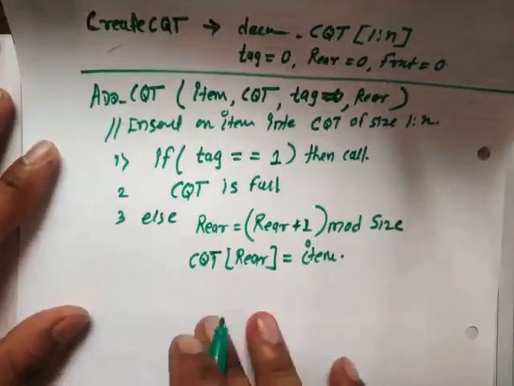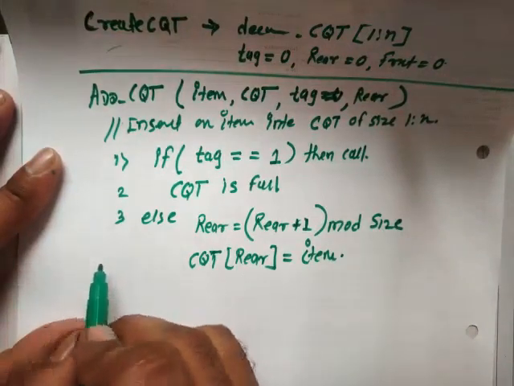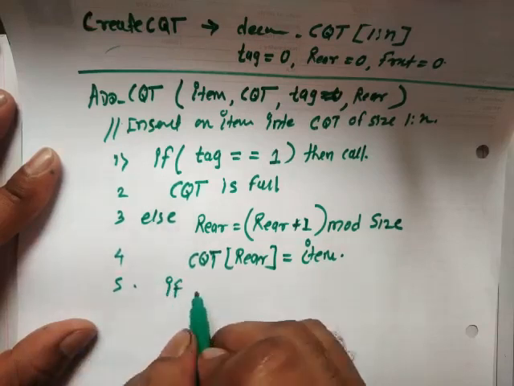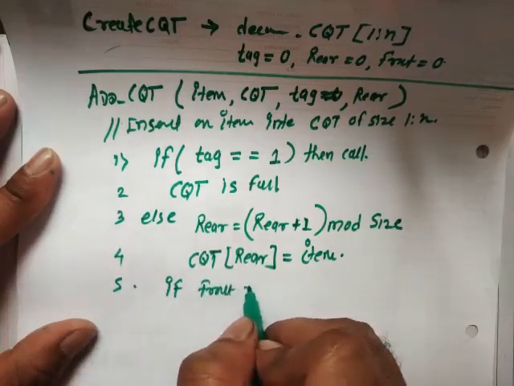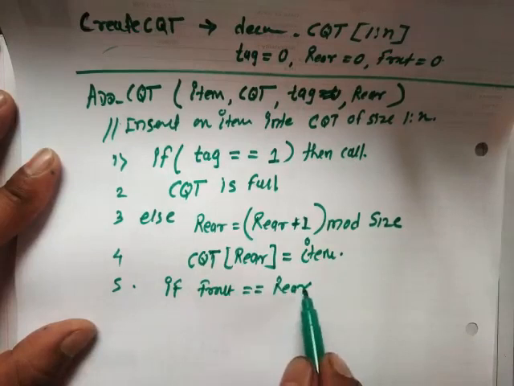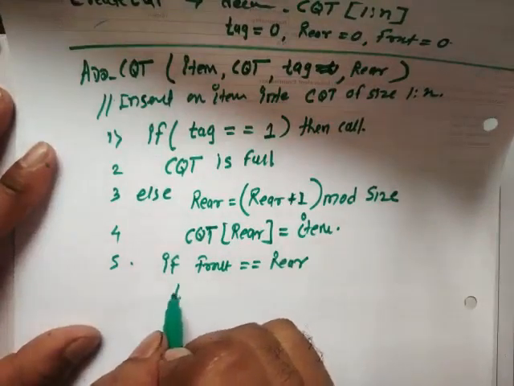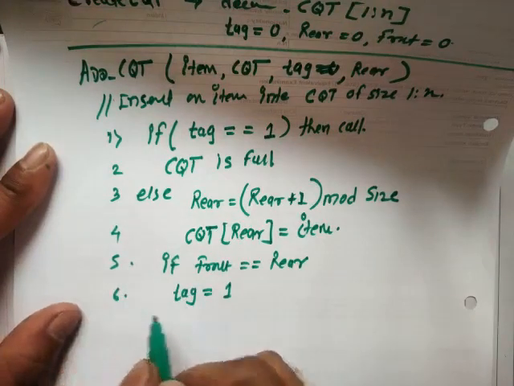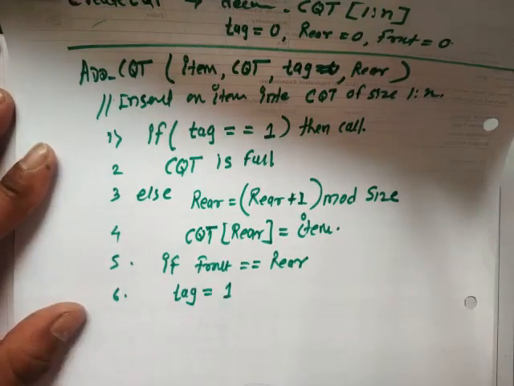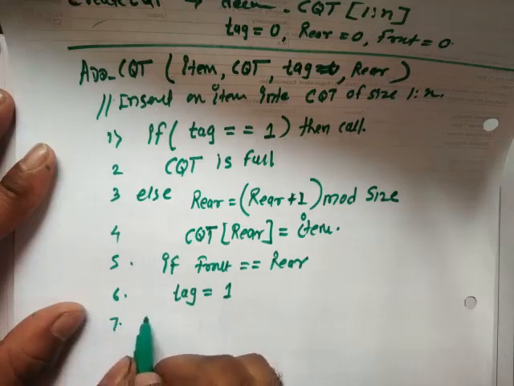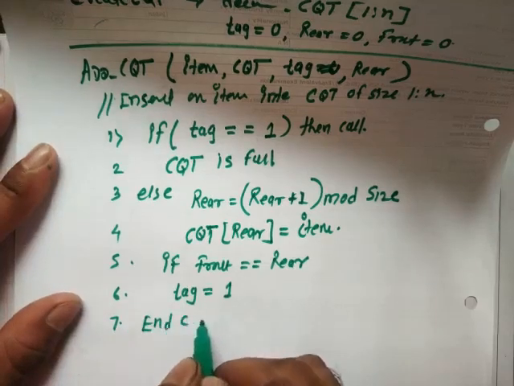After that, we check the next condition: if the queue's front is equal to the queue's rear, meaning front and rear both are pointing to the same position, then set tag equal to 1. Here we are assigning the value 1 to the variable tag. And the last statement is end of CQT.